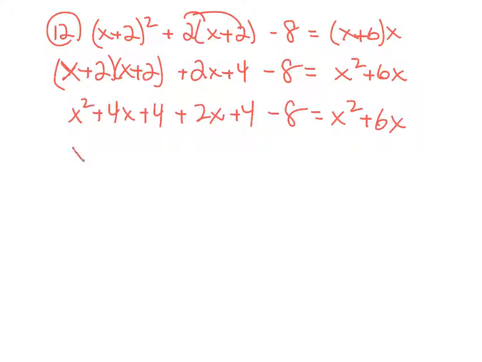Well, I've got x squared, then I've got plus 4x and a plus 2x, so that's plus 6x. And then I've got, let me use my little pointer here, plus 4, that's plus 8, but then I have minus 8. So that's no good. So they're gone, right? So that's going to be equivalent. So choice 1.